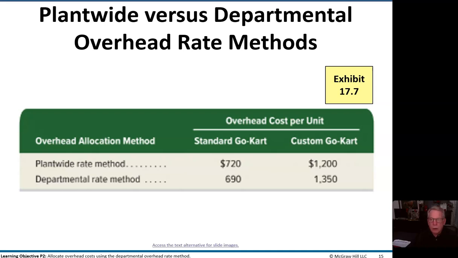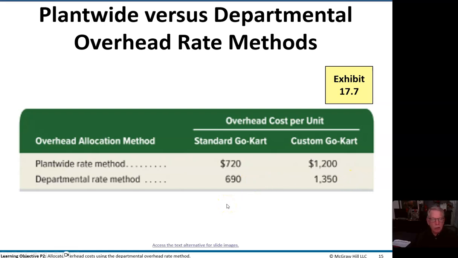Okay, so using the plant-wide method, you can see that results in substantially more for the standard go-kart and less for the custom go-kart in comparison with the departmental rate of $690 and $1,350, which is more for the custom go-kart than the standard go-kart.